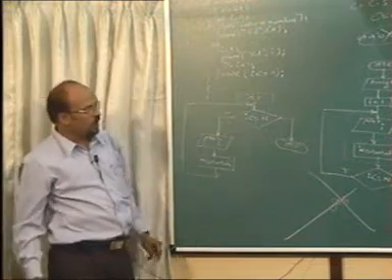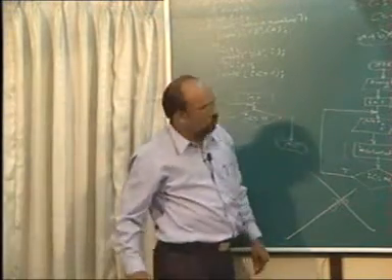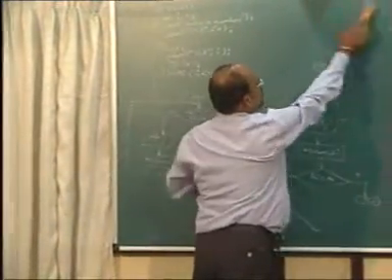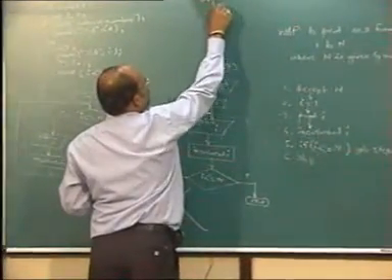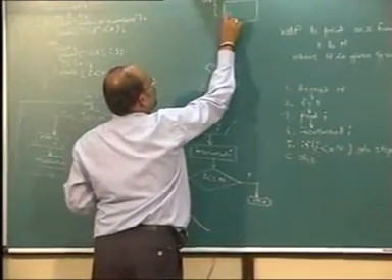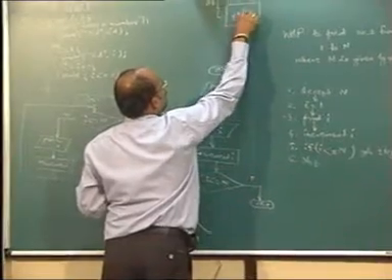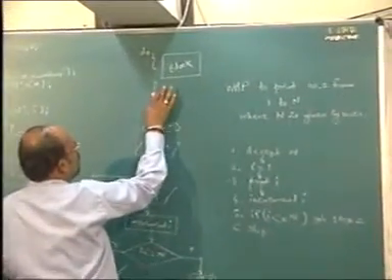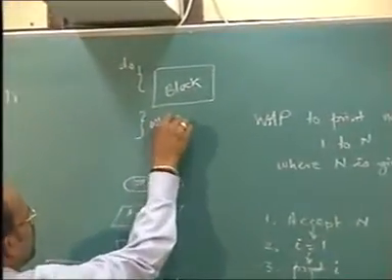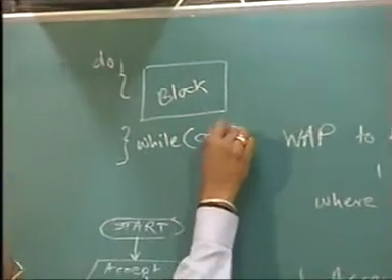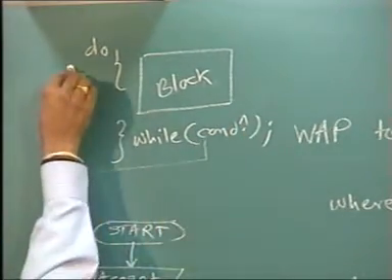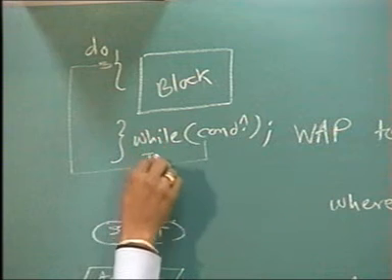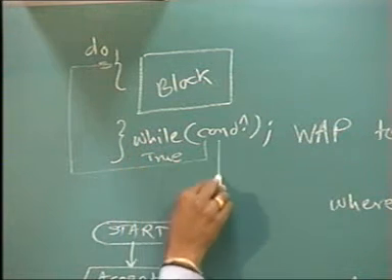If I am to show you the syntax for do while, like I have written it for if earlier, it is while condition. This is on true, and on false it goes out.